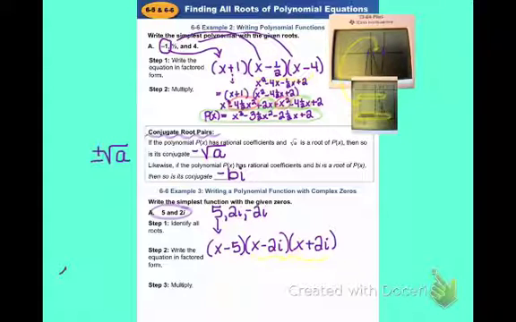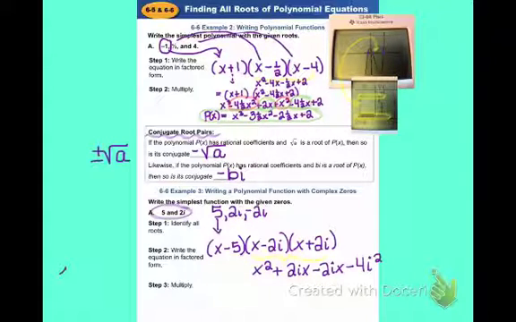When I multiply the first 2, x times x, that's x squared. The 2 outside terms, I would get a positive 2i times x. The two inside terms would give me a minus 2i times x, and the last two, a negative 2i times a positive 2i, would be a negative 4i squared.